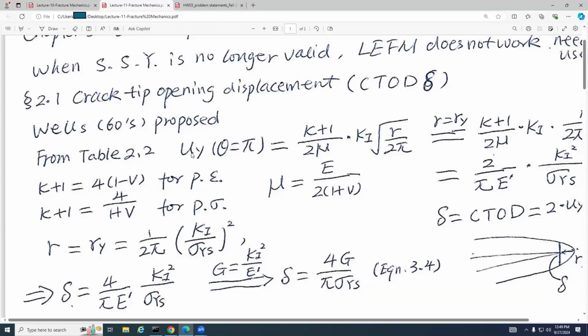You understand? Suppose this is my x, this is my y, and here this is a sharp angle, okay? For exaggeration, I just make it big, but it's a sharp angle. A sharp angle means that this angle is theta equals pi, and this angle is theta equals minus pi. You can see from table 2.2, Uy, the displacement when theta equals pi, can be obtained using this equation.